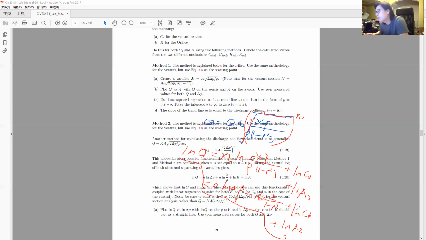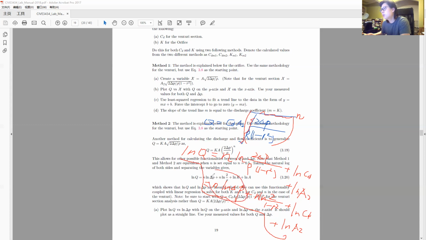Actually, there's a little bit different from the orifice, but the idea is pretty much the same. The only thing that changes: log K becomes log CD, log A becomes log A2, and n log 2 over rho becomes n log 2 over 1 minus r squared.